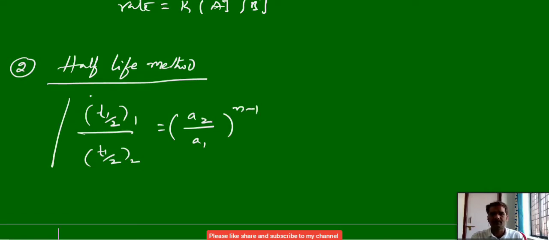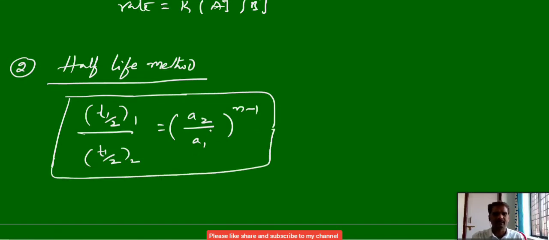This is the formula where n is the order, t1 and t2 are the half-lives of the reactant at initial concentrations A1 and A2.